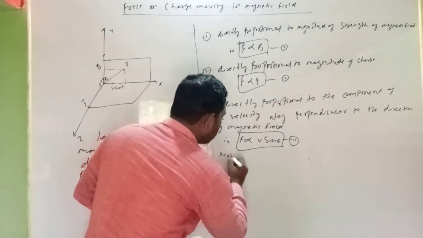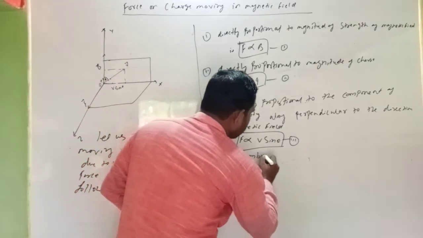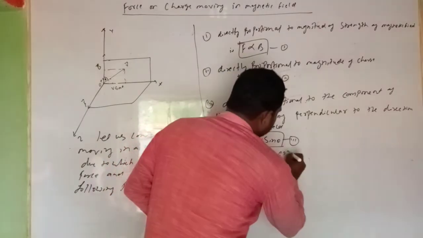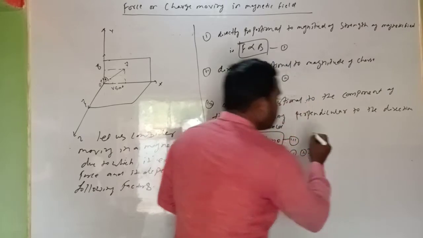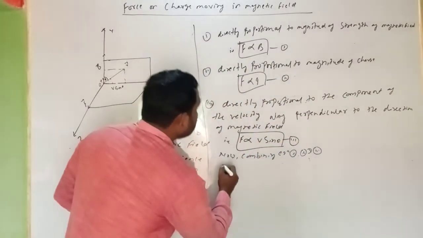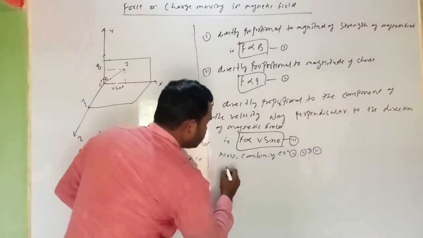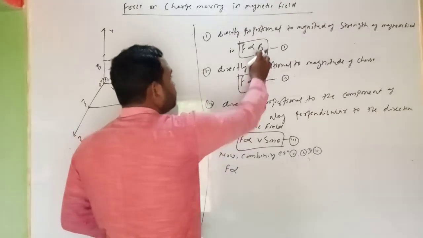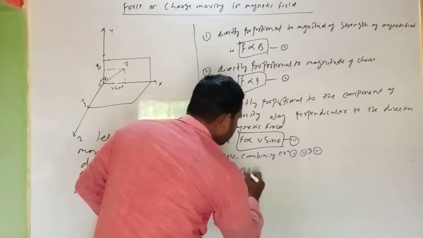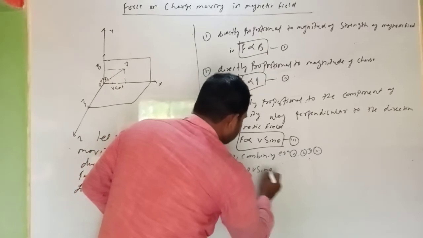Very good. Now combining equations 1, 2 and 3. All have F, so you will write F, and all having proportionality, then B Q v sin theta.